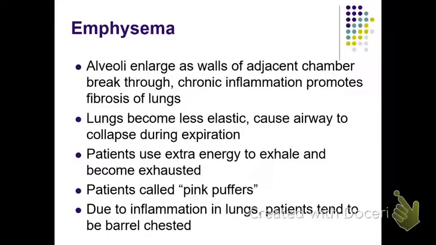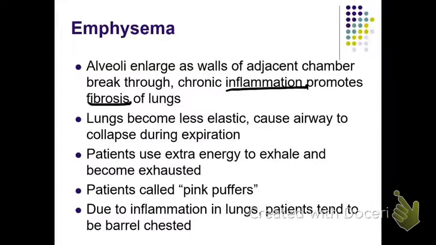Next, we have emphysema, and that is when the alveoli are too big for the walls of the adjacent chamber. When things get too large, they become inflamed, which promotes fibrosis of the lungs.